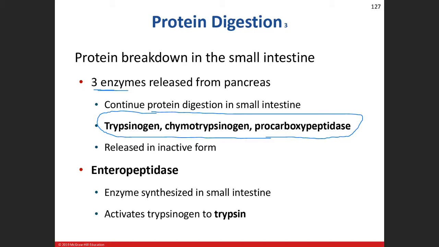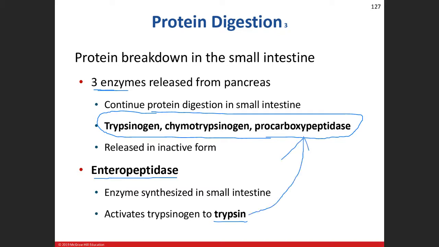They're all inactive. It's cool because this first one, trypsinogen, gets activated by enteropeptidase, which is this enzyme that sits out in the small intestine. Remember, we have to activate it. Enteropeptidase activates trypsinogen into trypsin.